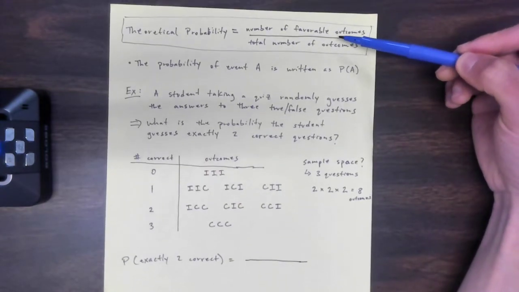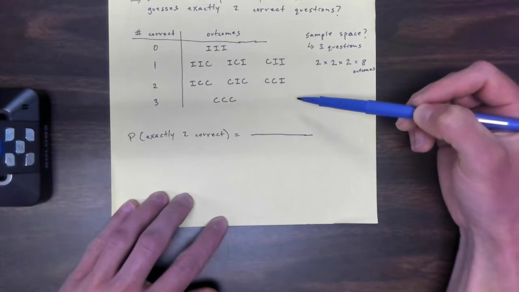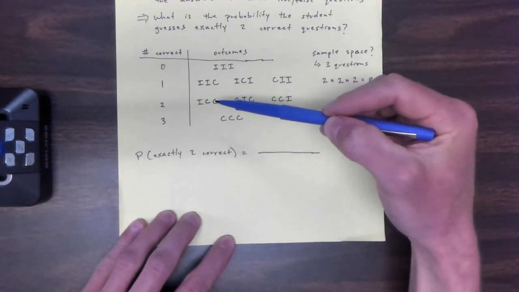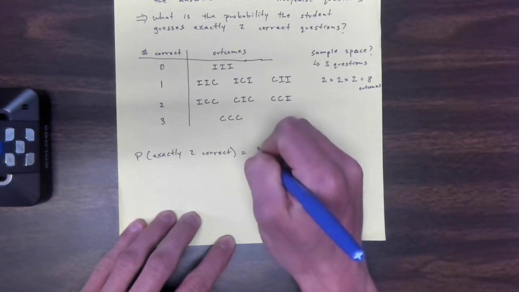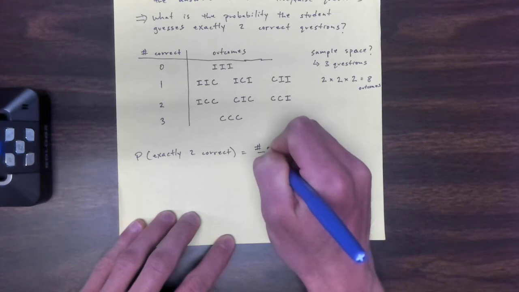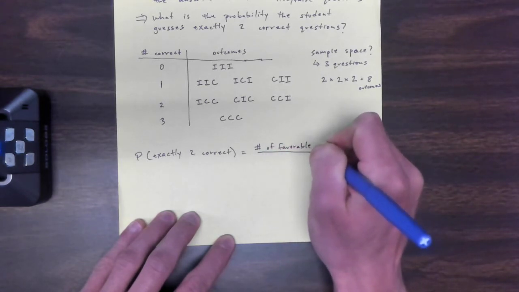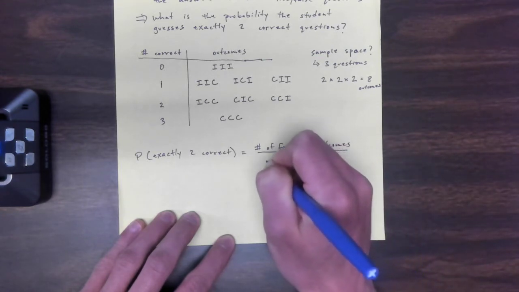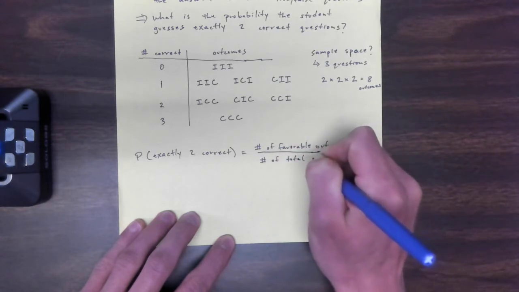Go back to your equation: number of favorable outcomes. Well, we're talking about getting 2 correct, so we look at the cases with 2 correct. How many cases were there? 1, 2, 3. So actually, I'm going to write that whole equation again. Number of favorable outcomes, which we recognize as 3, divided by the number of total outcomes.